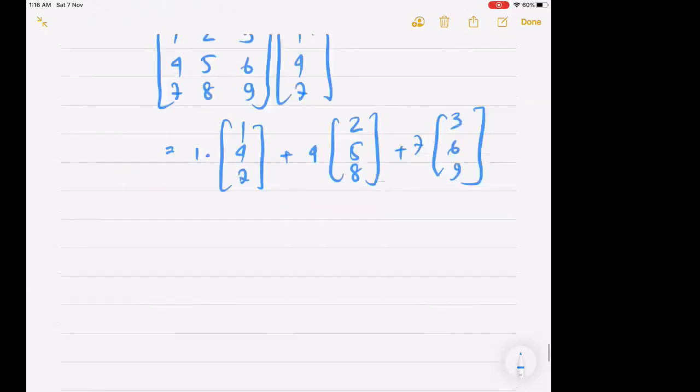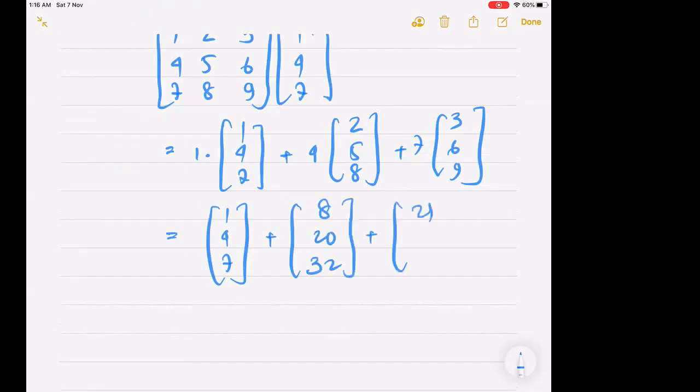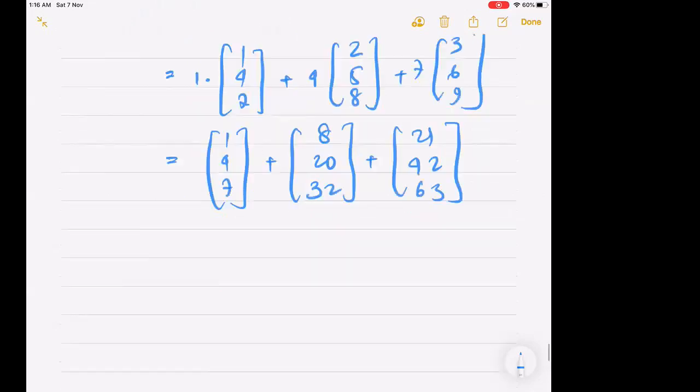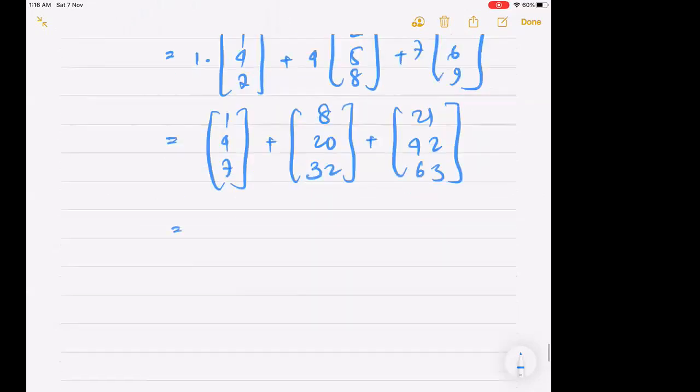That happens to be 1 4 7 plus 8 20 32 plus 21 42 63.